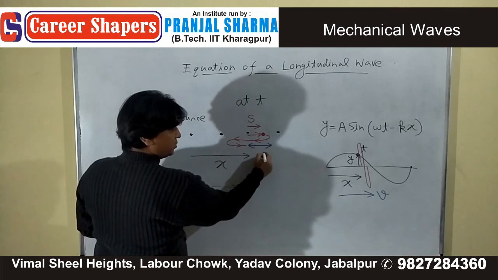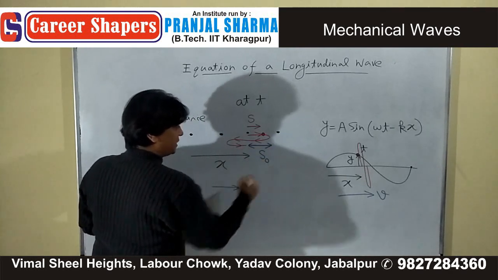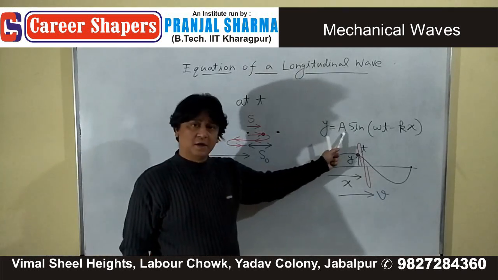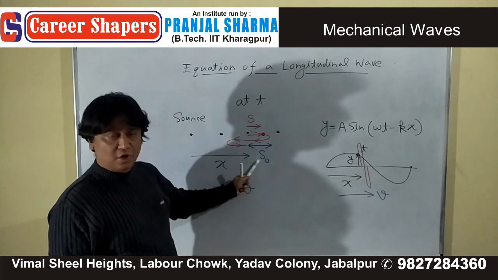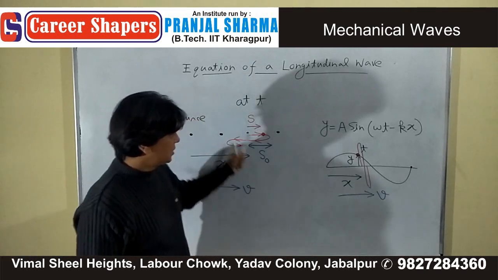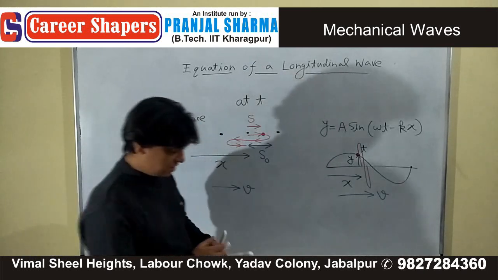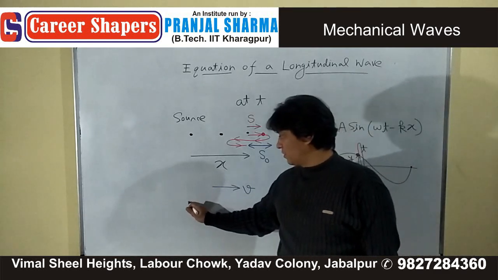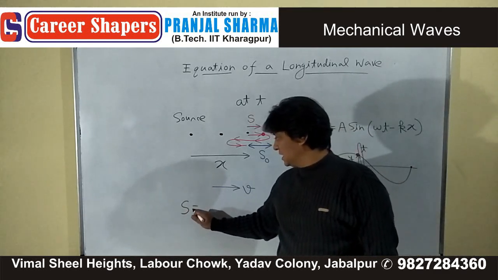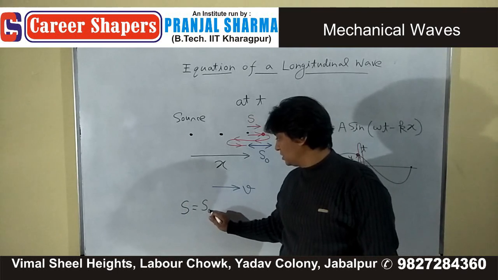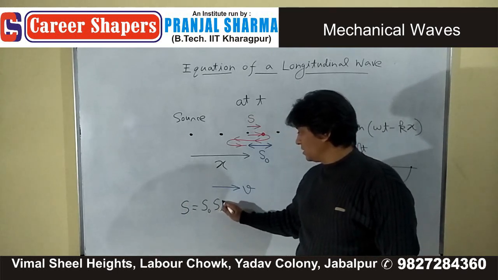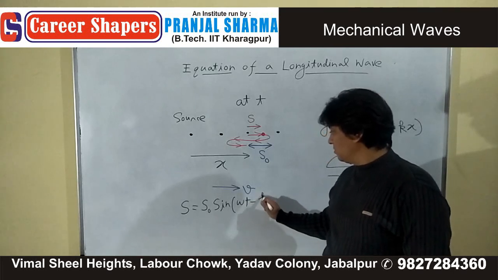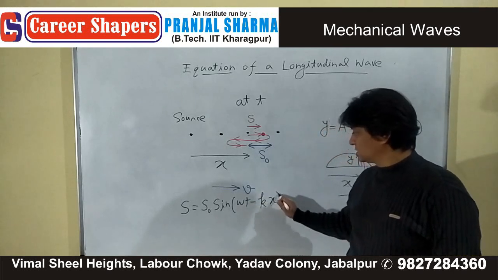This amplitude we will define as S naught. A becomes S naught, y becomes s, and this gives us the equation of a longitudinal wave in this form: s equals S naught sin(ωt − kx).